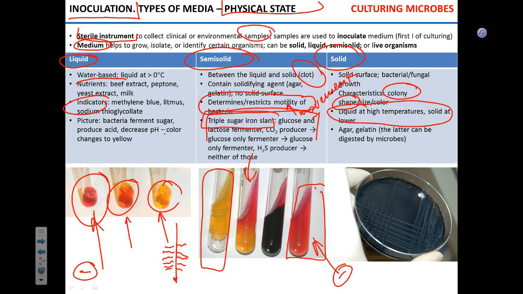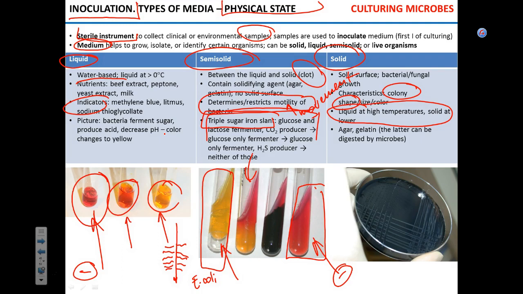The name, which is a tongue breaker, tells you that this medium contains three sugars and iron. So here, this is E. coli. E. coli can ferment both glucose and lactose. It produces a lot of acid, so the entire medium changes its color to yellow because pH drops.